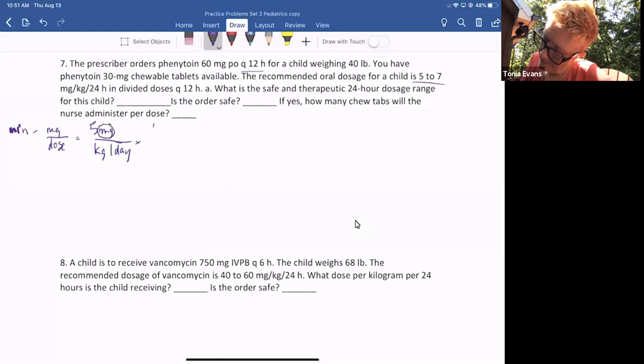A little sloppy there. All right, our weight is in pounds again, which is 40 pounds. And we have 1 day, 2 doses.